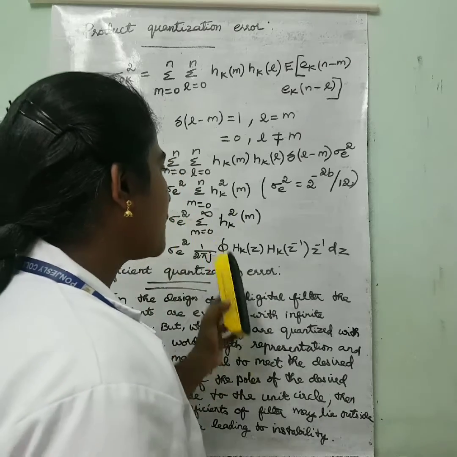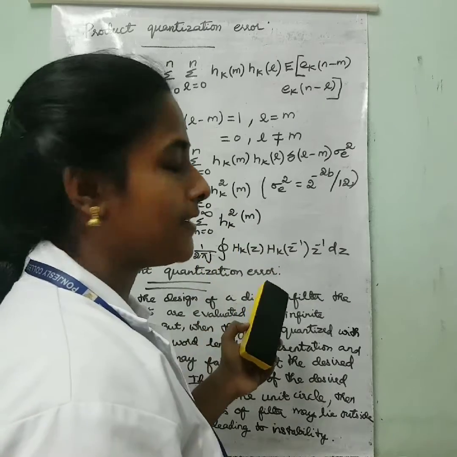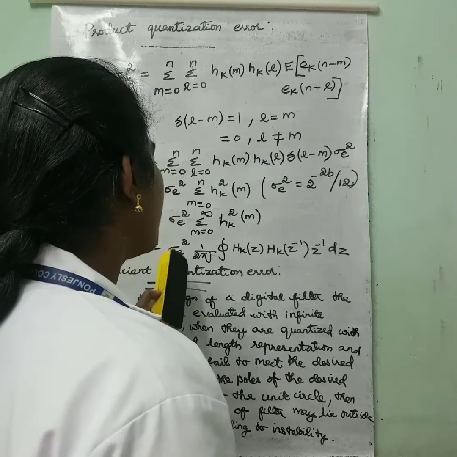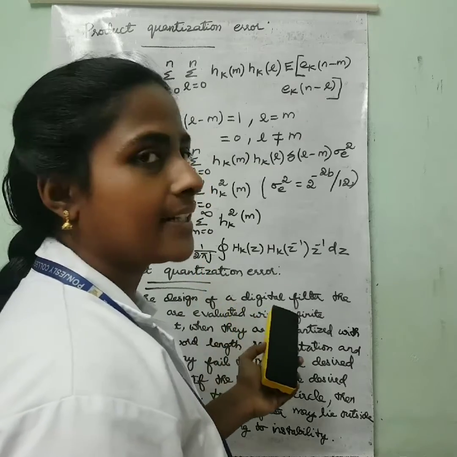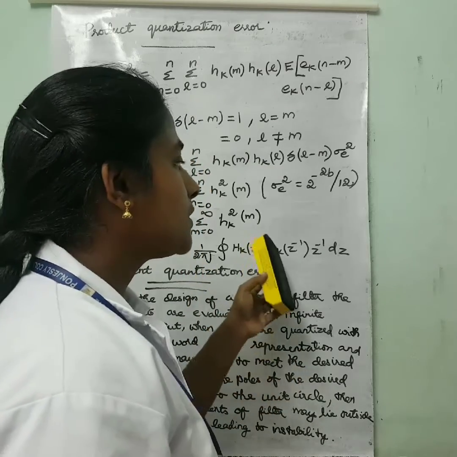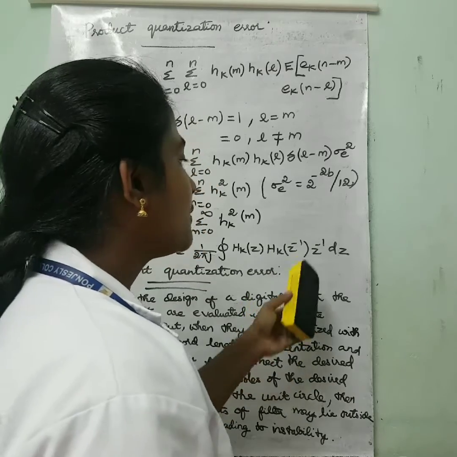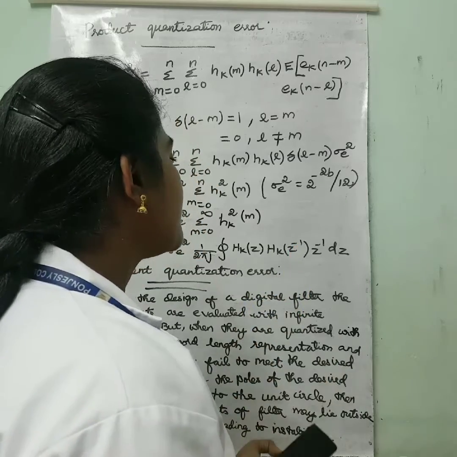Then you can solve this by using Parseval's theorem, that is sigma E square is equal to 1 by 2 pi j into closed integral of Hk of Z into Hk of Z inverse into Z inverse into dZ.